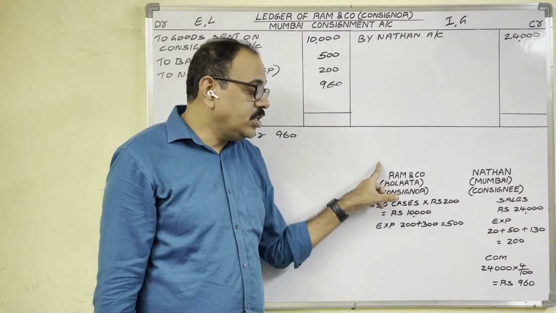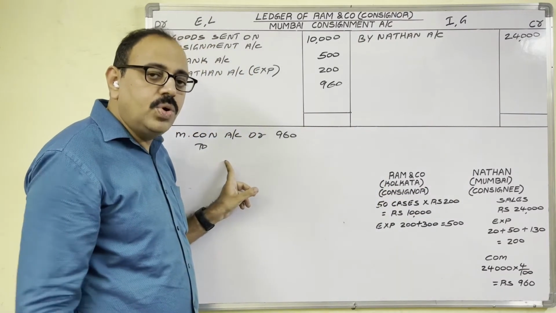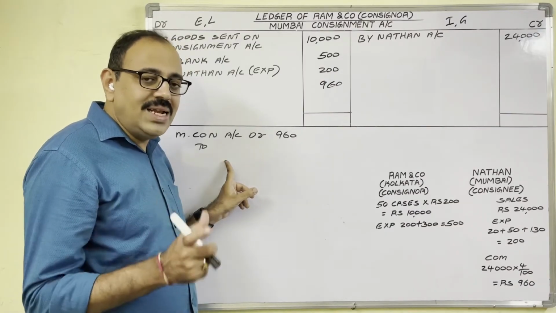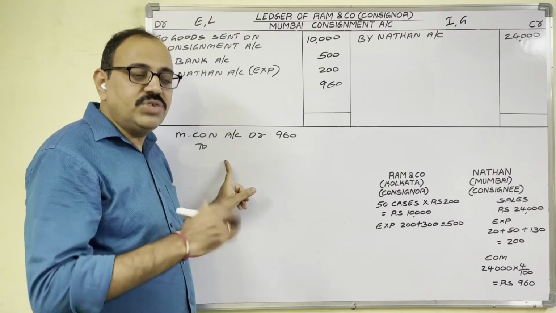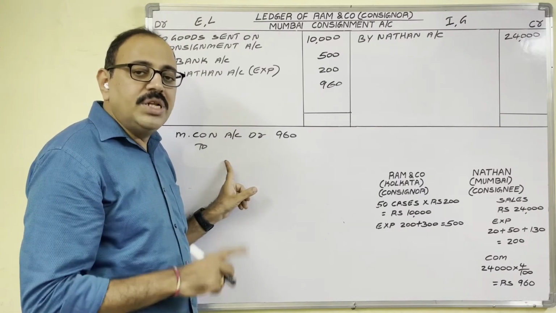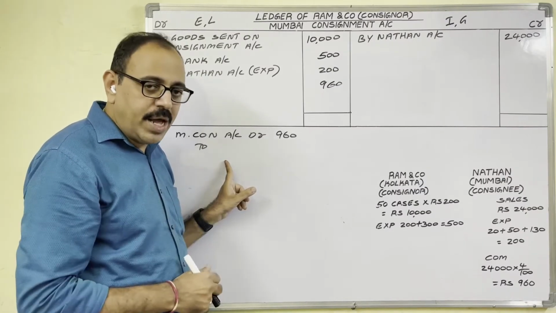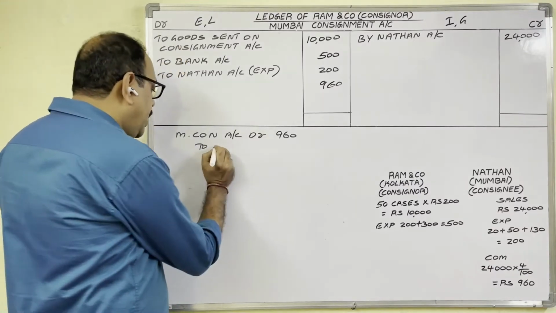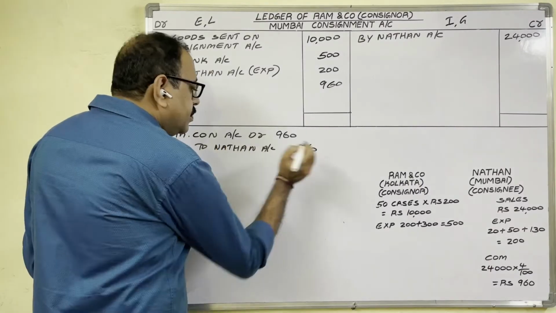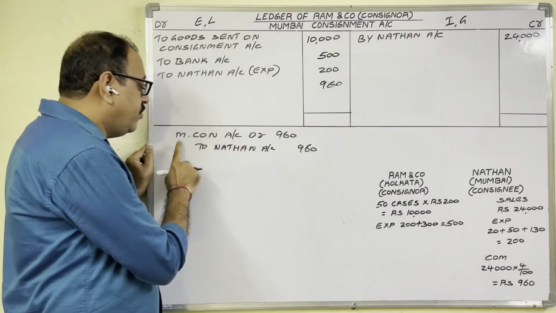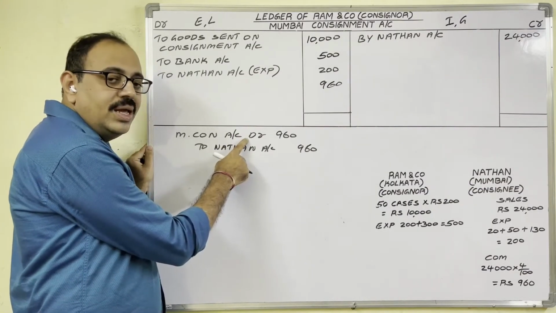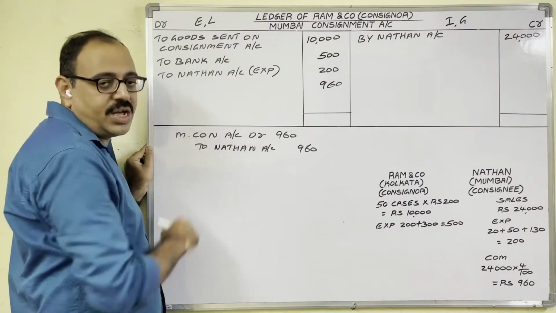So in consignor's books, we are writing the journal entries now. To consignor, for this 960 rupees, consignee is becoming a creditor because we have to pay. Creditor means liability. Liability shows a credit balance. Therefore, we should credit consignee's name. So remember, for consignee's expenses, for consignee's commission, in consignor's books, same entry comes.